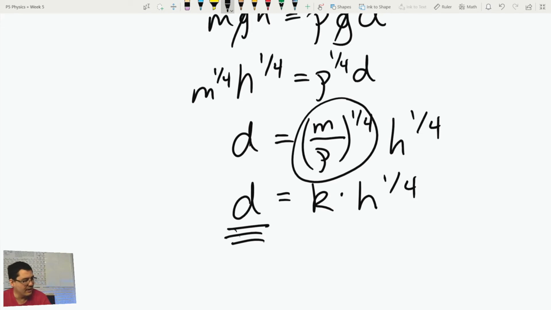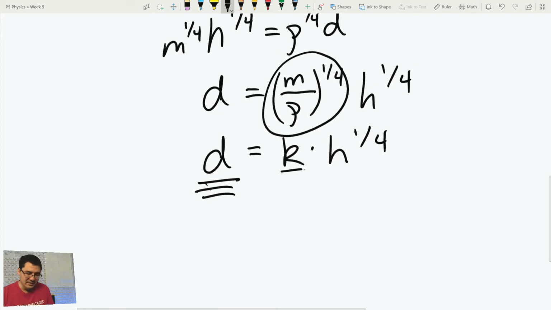power. Now, this works for a cube. If you want to make it fit a sphere or some other shape, then you just adjust your k value. That's kind of like a fudge factor, and you might have to adjust the power. The power right now is a 4th power.